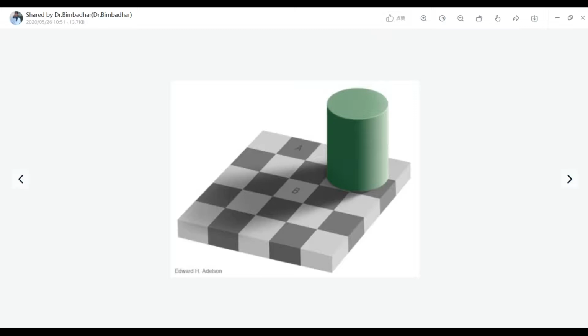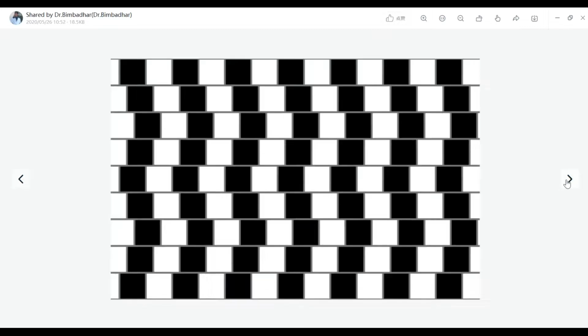And there is another situation which is also called the cafe wall illusion. The cafe wall illusion says, do you think that all these gray lines present in between are straight and parallel, or are they curved, or slanted and oblique?